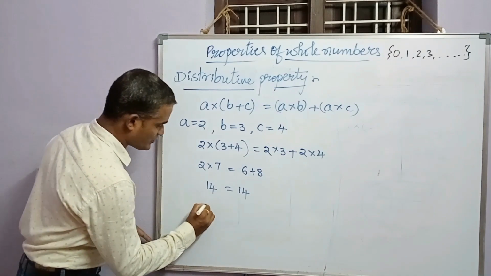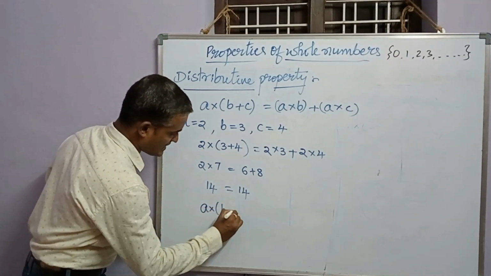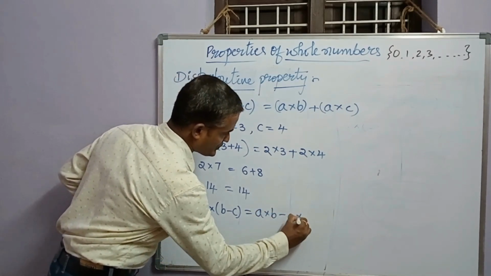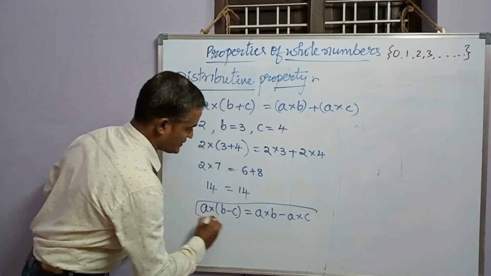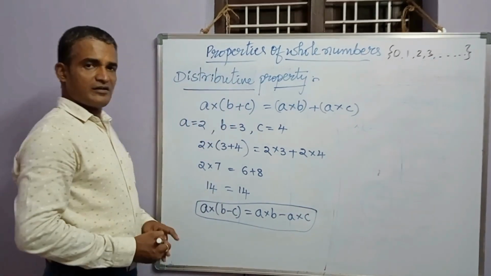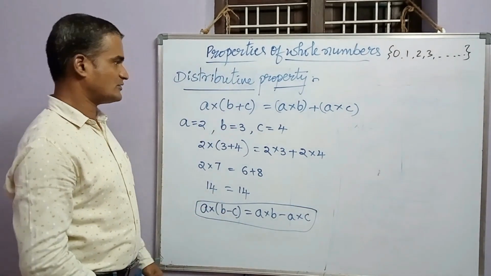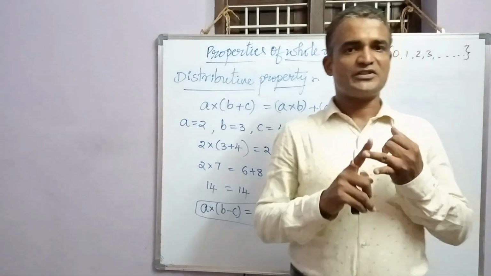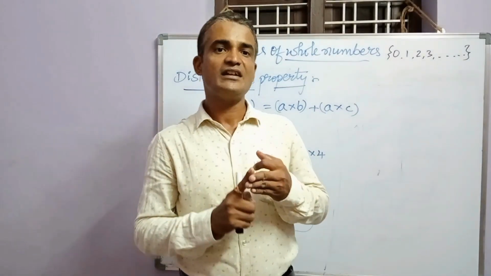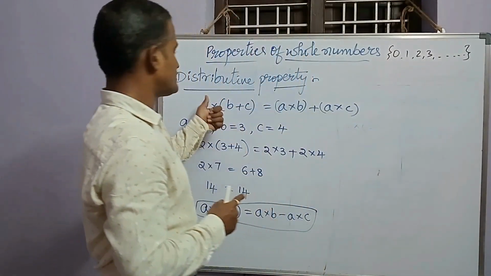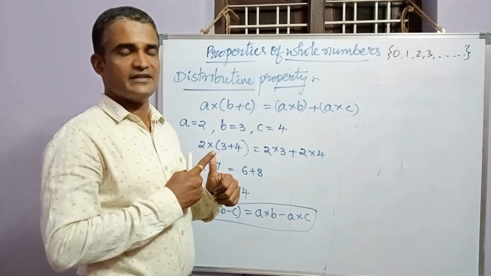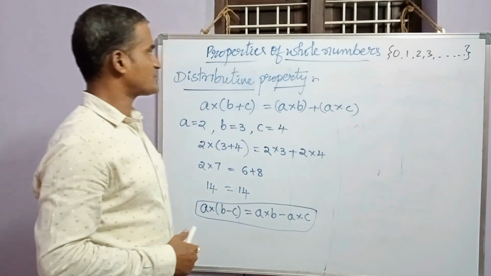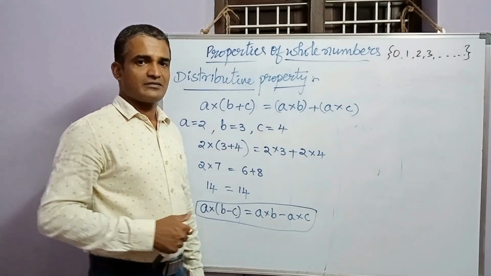Even a into (b minus c) is equal to a into b minus a into c; this is the distributive property over subtraction. So the properties are the closure property, commutative property, associative property, additive identity, and the last one, the distributive property. These are the properties of numbers. Thank you.